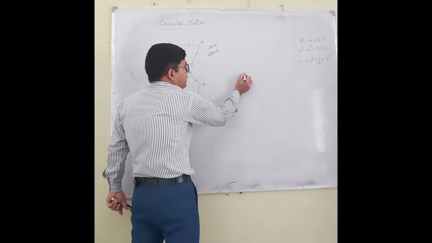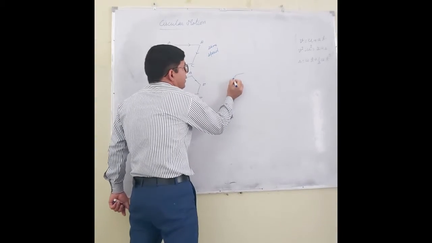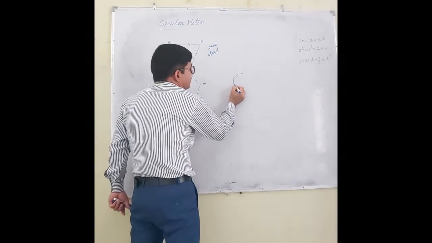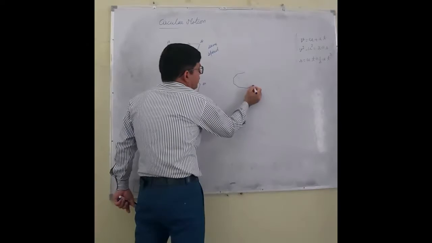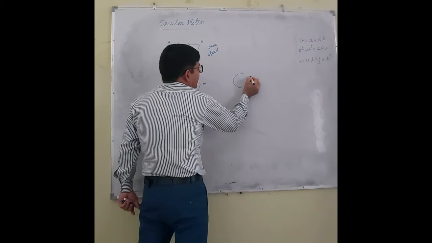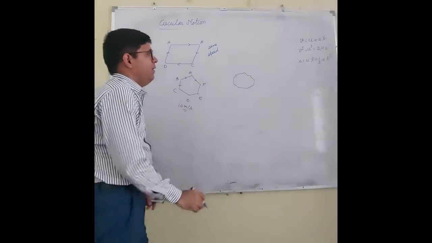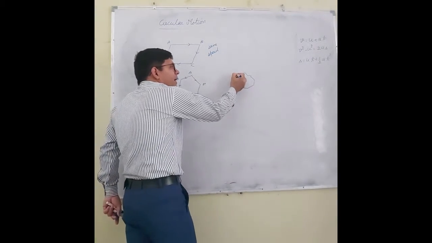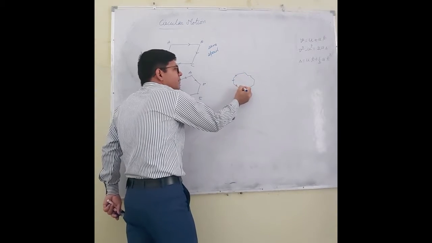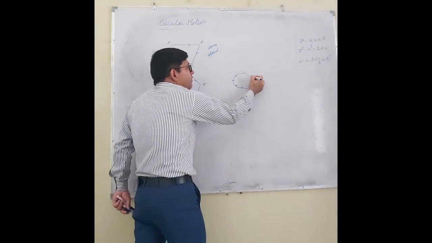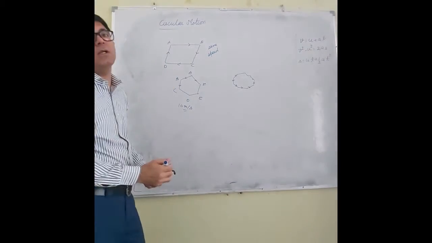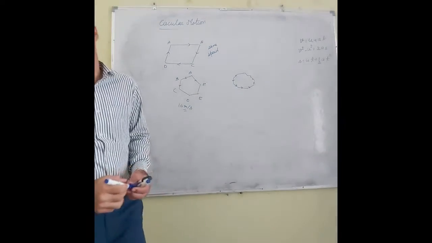Now let me draw another figure. So what do you find? There are a number of curves. If I say again the body is moving along this track, is the motion uniform or non-uniform? Again it's a non-uniform motion.